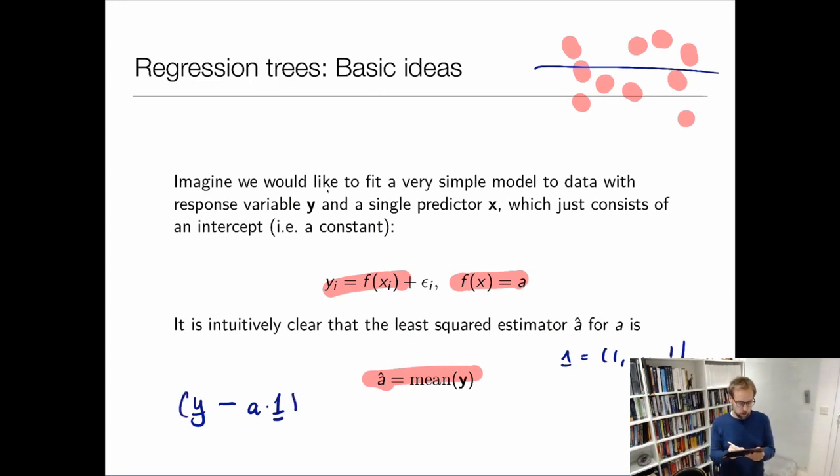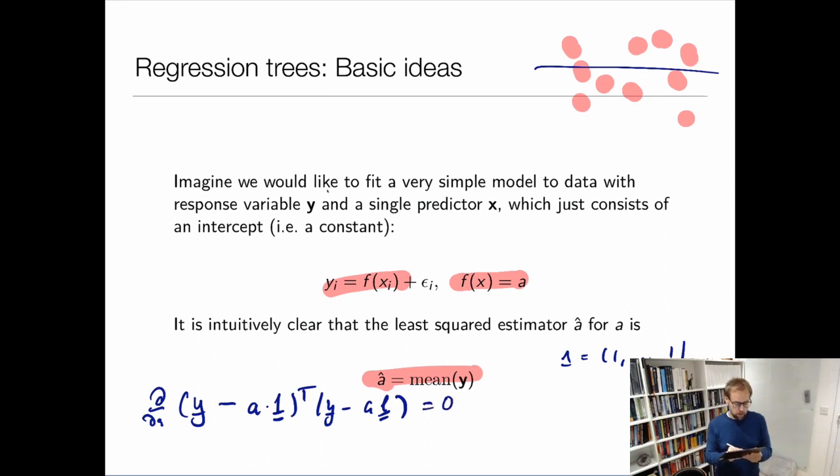Now we transpose it, and we take y minus a, oh sorry, it's a scalar here, times the 1 vector, and now we just want to differentiate with respect to a to find the best intercept, and we can do that exactly as before, and then we set it equal to 0.